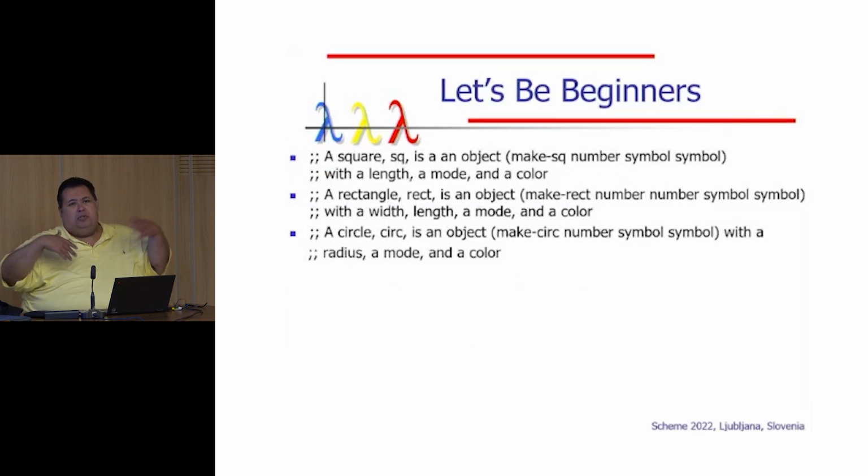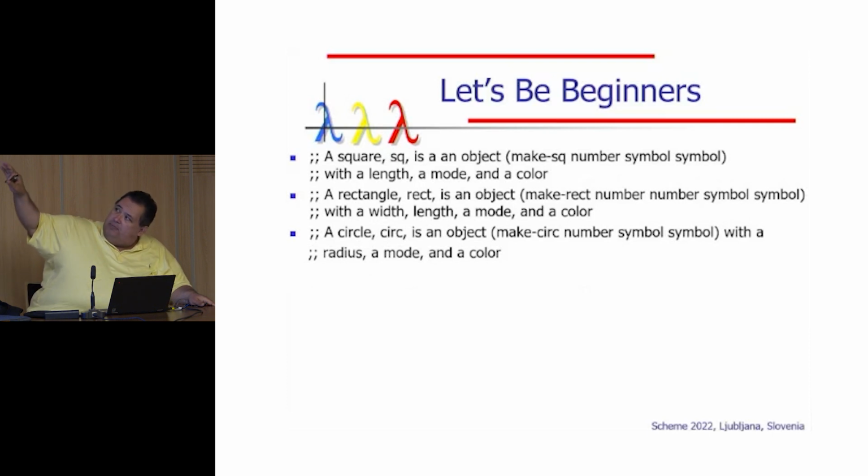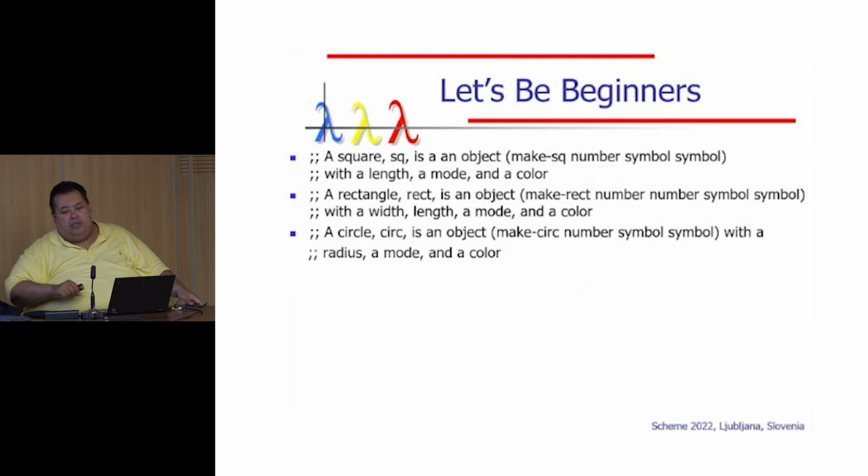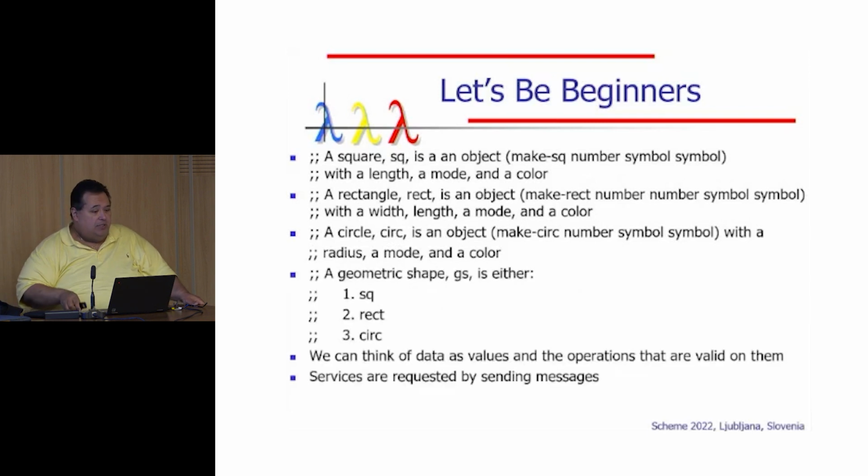What I'm going to do is define some geometric shapes and try to write a program to process geometric shapes. So I'm going to define squares, rectangle, and circles. Each one of them have some number of characteristics. And I'm going to say a geometric shape is one of those three. Okay? Now we can think, right?